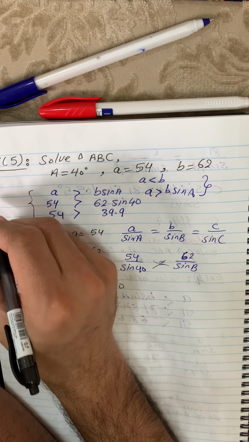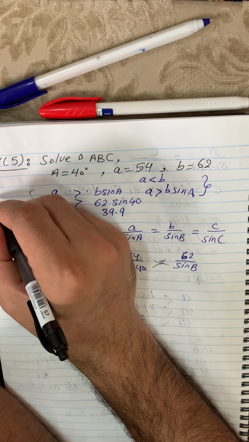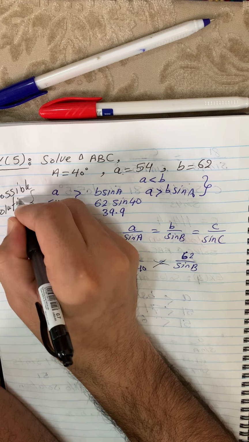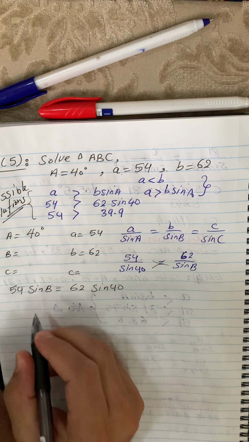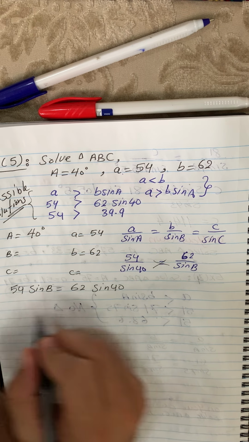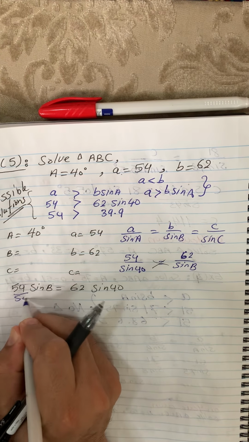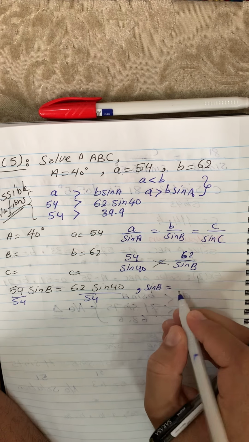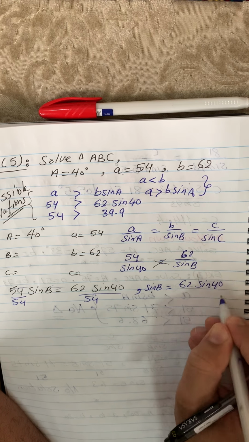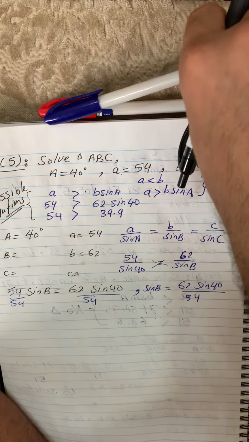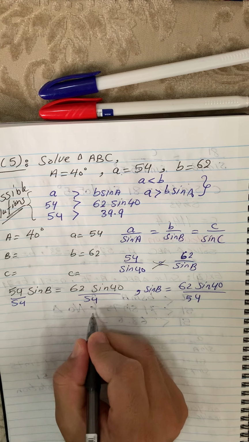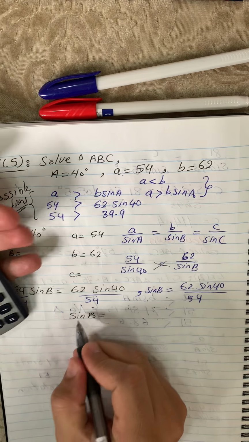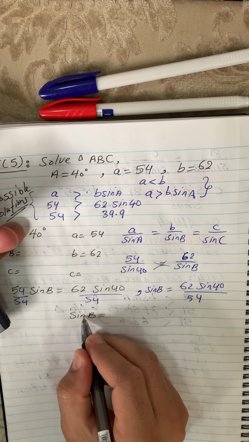Do not forget that we have here two possible solutions, two triangles. So we need to get sine B, so divide each side by 54. So sine B equals 62 sine 40 over 54, which equals 0.378. We have here two possible solutions for B. Why?